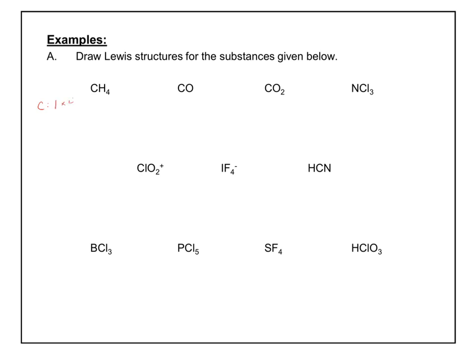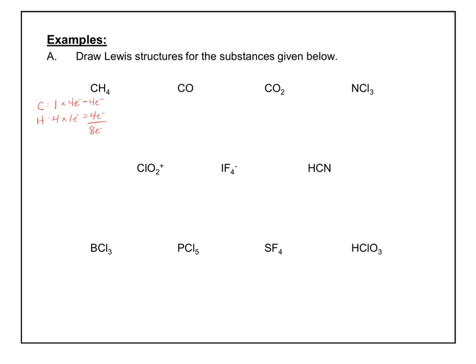So 1 times 4 valence, 4. Hydrogen, there's 4 of them in this compound, and hydrogen's in group 1, so it has 1 valence electron. So 4 times 1, a total of 4 from the hydrogens, and then I'm going to add everything up, and I have 8 electrons to distribute, no more, no less.